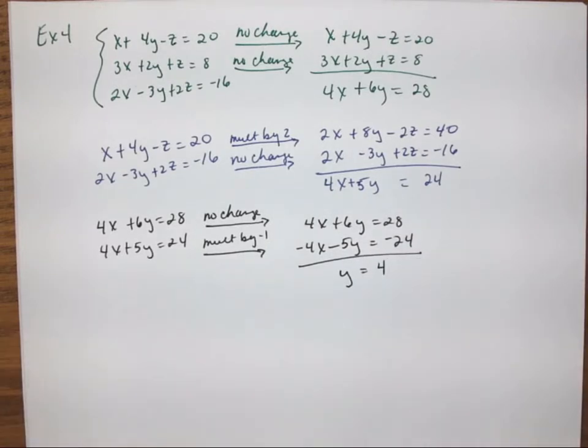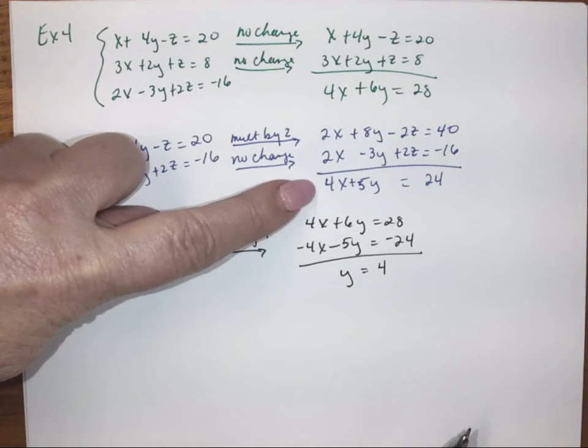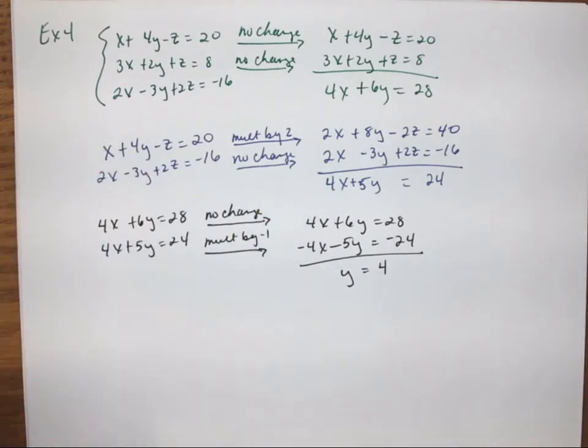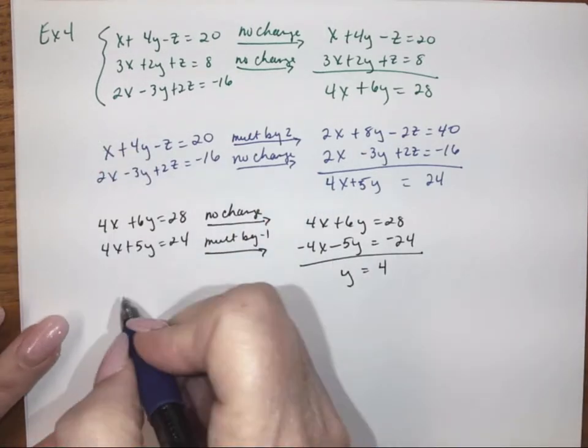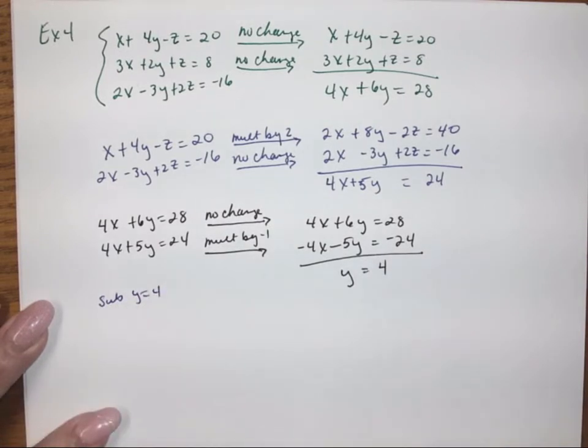So we have the solution for y. Now we can sub that back in and find out what our x value is. And we can choose either equation. I will choose this one because the numbers are smaller, but you could choose either one. It does not matter. So let's sub in y is equal to 4.